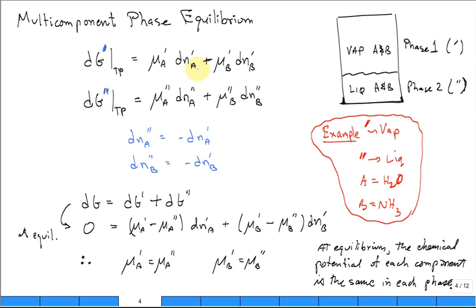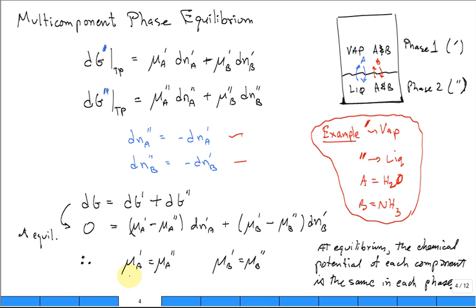Okay. For equilibrium, it's the same description of moving out of the liquid phase to the vapor phase. For component A, that has to balance, as well as for component B. So that's these two equations. And then you say that the overall change in the Gibbs function, the sum for both phases, must be equal to 0 at equilibrium.